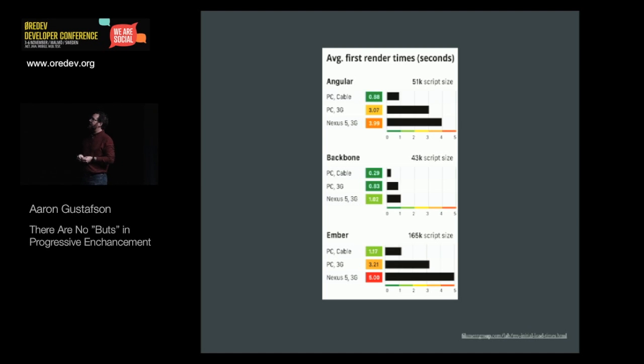Backbone didn't do too bad. On a PC on a cable connection, it actually downloaded and rendered in 0.29 seconds. That's pretty awesome. Whereas at the long end, a Nexus 5 over 3G, it took Ember 5 seconds to get to render. That's an eternity, right?